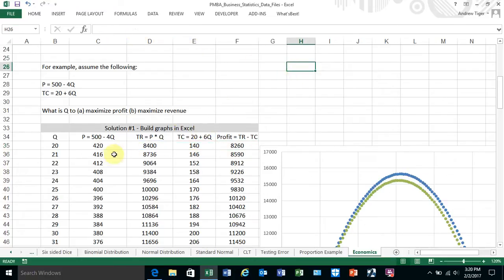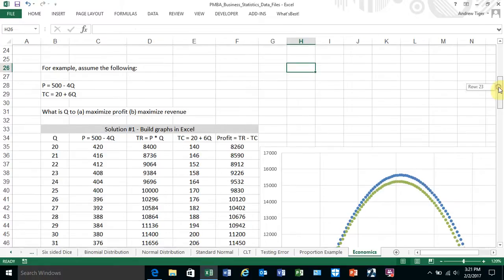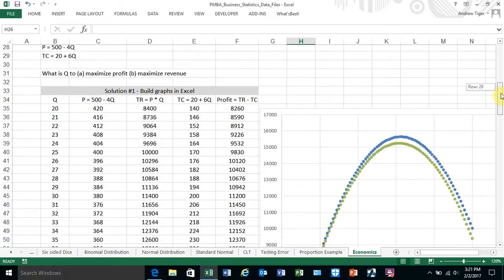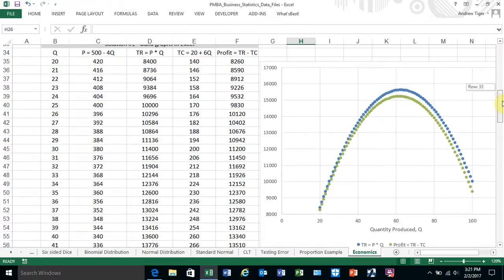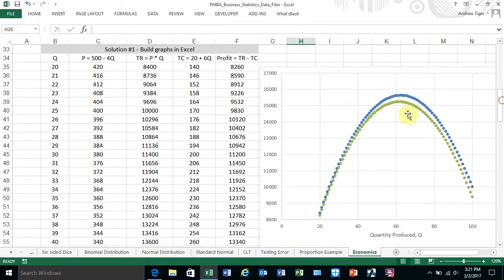If you look at my profit and revenue as a function of quantity, you can see that you get this quadratic equation, where we have a unimodal function, and if we're trying to maximize either one of these, it looks like the best answer is somewhere a little past 60, 61, 62.